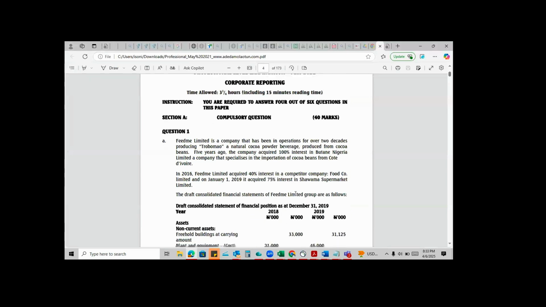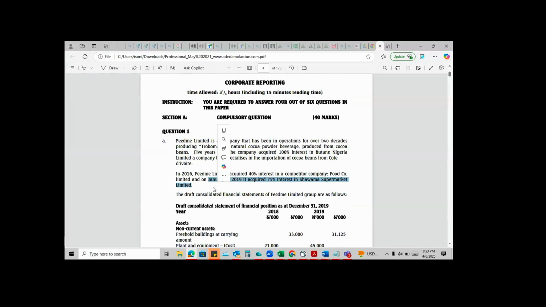Which one is the subsidiary that they have just acquired? Look at the question. It says, on January 1st, 2019, they acquired 75% interest in Shawarma Supermarket Limited.